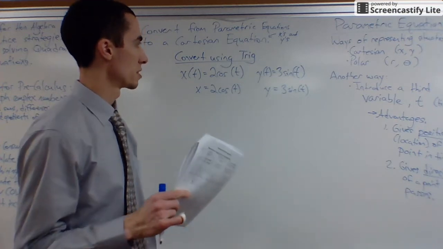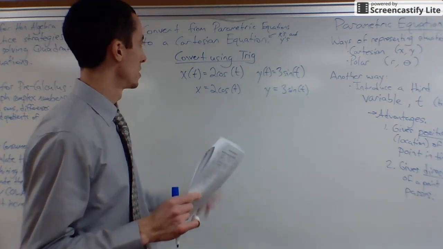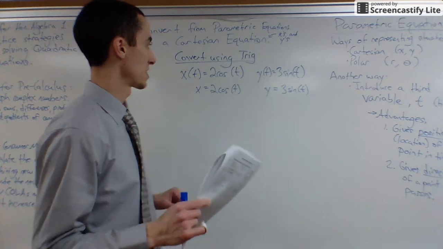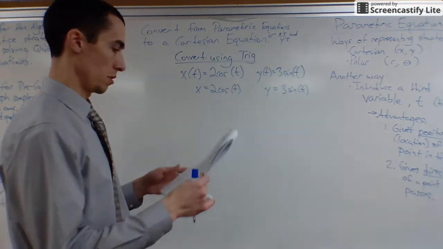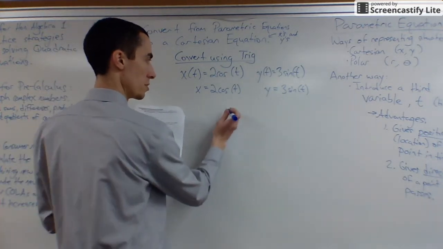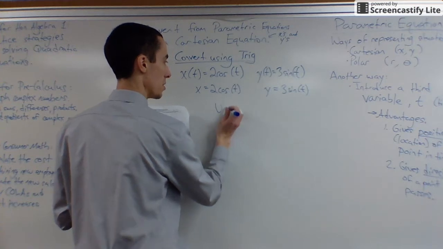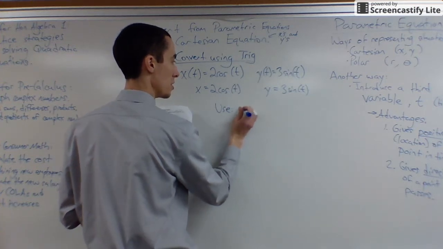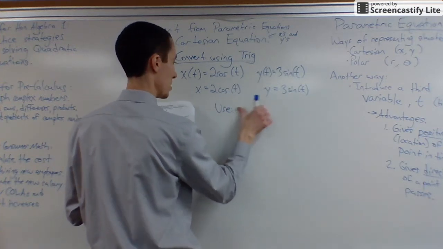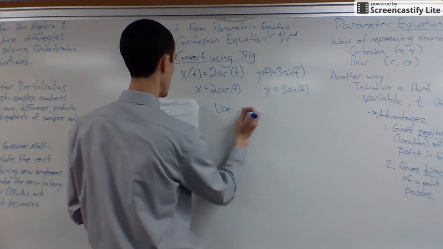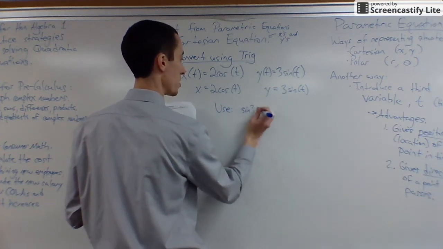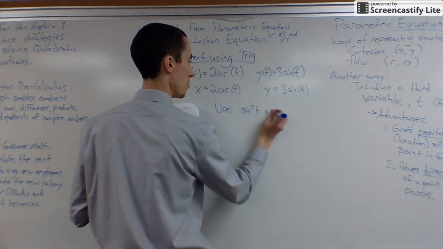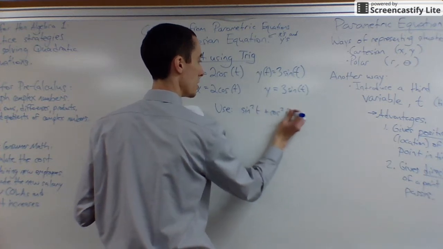Last one, we're going to convert using trigonometry. In this situation, we've got cosines and sines. So what we're going to do is use one of the identities that we learned earlier this year, which is the first Pythagorean identity, sine squared plus cosine squared equals 1.